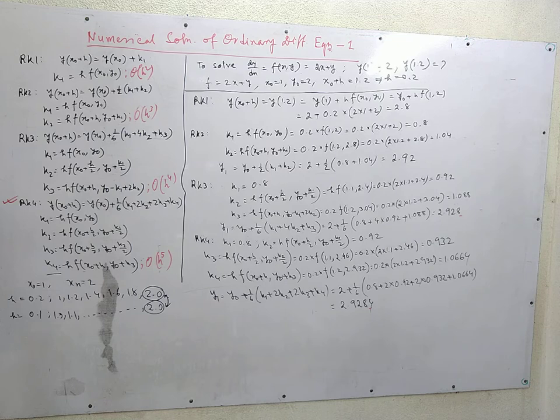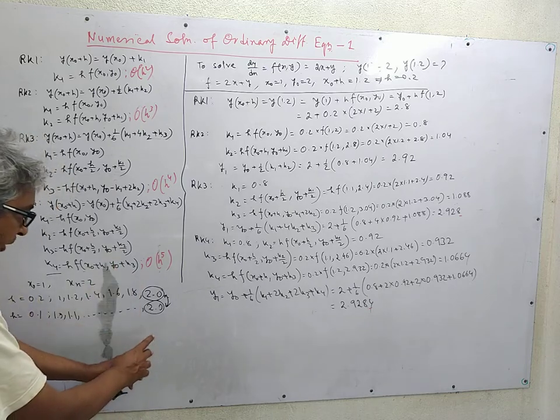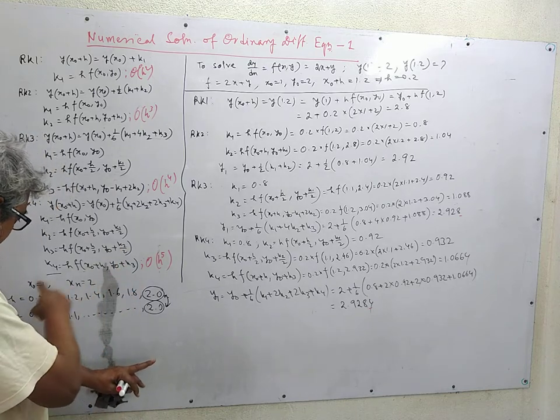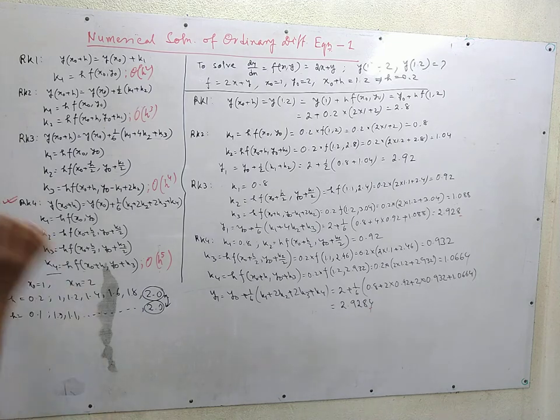accuracy is obtained. By desired level of accuracy we mean the estimated value of y at the point of interest, that is here in this example the point of interest is x is equal to 2. So we estimate the value of y at x is equal to 2 with two different h values, and we compare between these two.